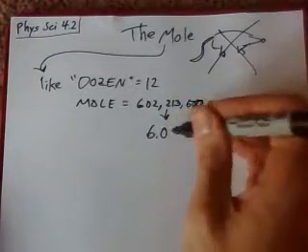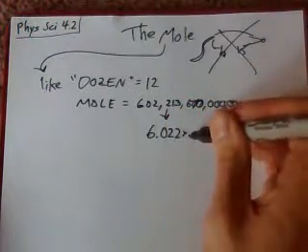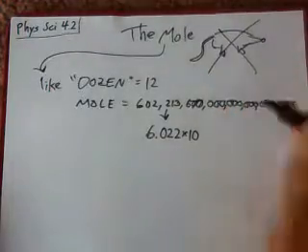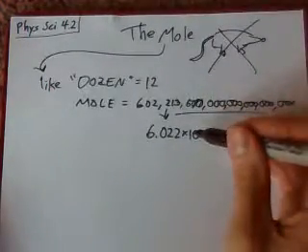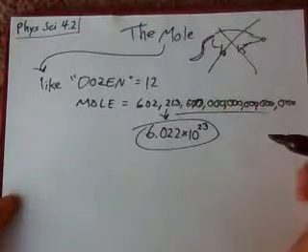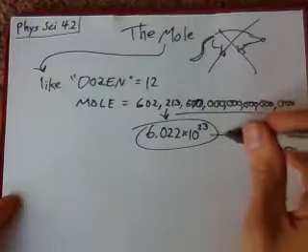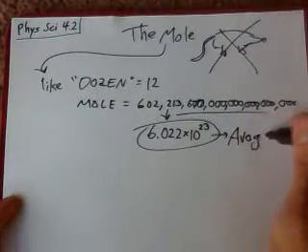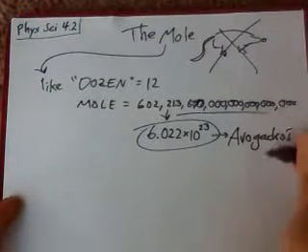In scientific notation, which is always nice and easy to use, compared to this, it is 6.022 times 10 to the 23rd power. This is known as Avogadro's number.